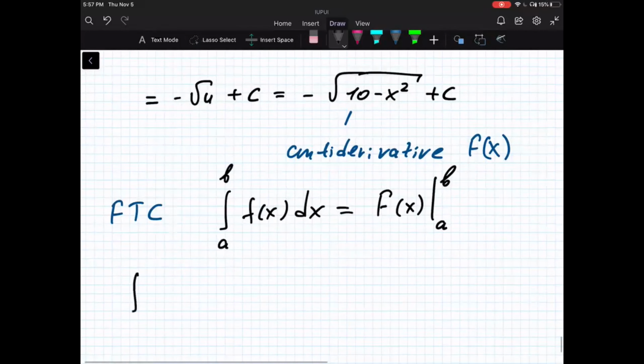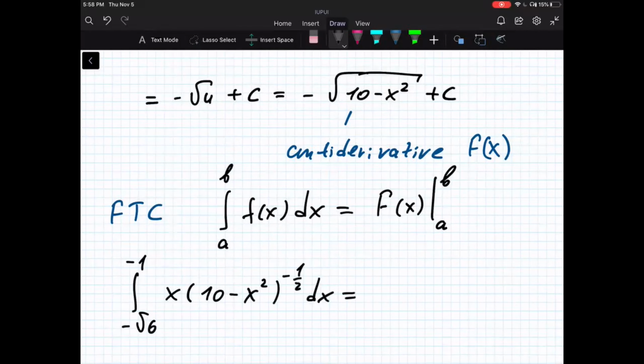So I get that integral from minus square root of 6 to minus 1, x times 10 minus x squared to the power minus 1/2 dx is equal to minus square root of 10 minus x squared, substitution from minus square root of 6 to minus 1. Again, there is no constant because it's the same and it disappears.